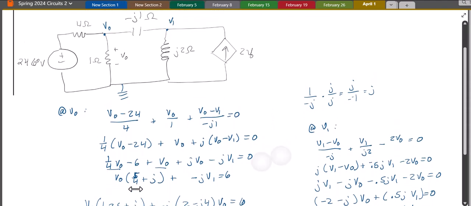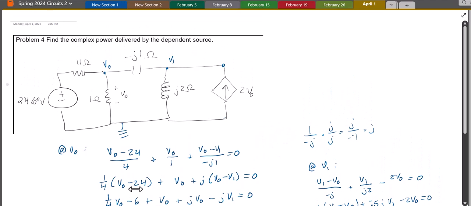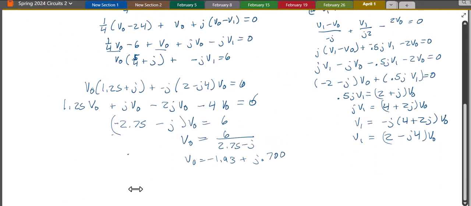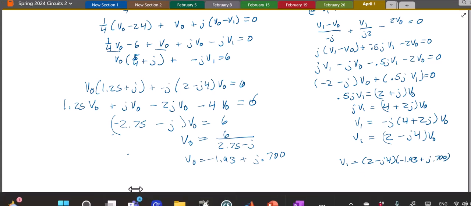Okay, so if we look at our dependent source, we see that its voltage is V1 and the current is 2V0. So we have the current, we can get the voltage now. V1 is 2 minus J4 times minus 1.93 plus J 0.700.